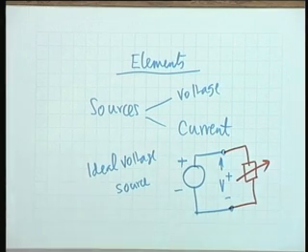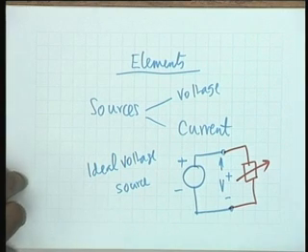An ideal voltage source in theory can supply any amount of current, whatever be the load, except for open circuit. Under open circuit, of course, no current can flow, all right. Except for open circuit, an ideal voltage source maintains its terminal voltage constant irrespective of what is connected to it.